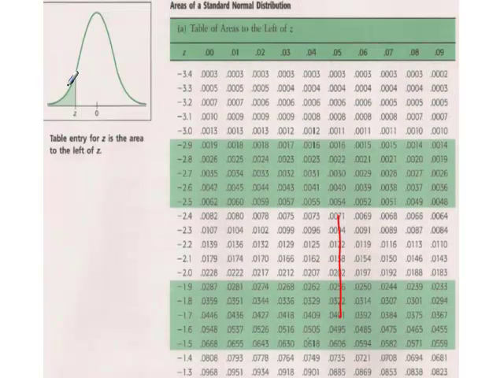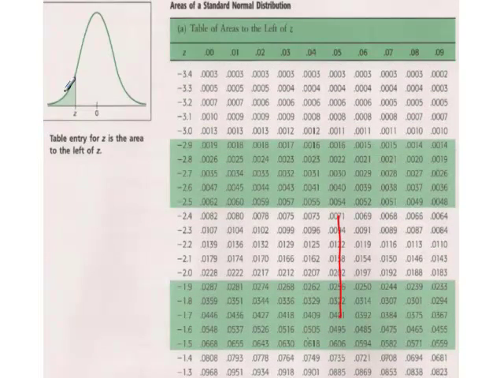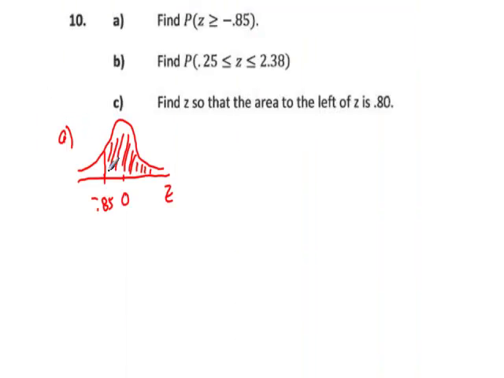Now, what this means is that the area in the left tail is 0.1977. And that's why in our z table we have everything to the left of this z shaded in green.